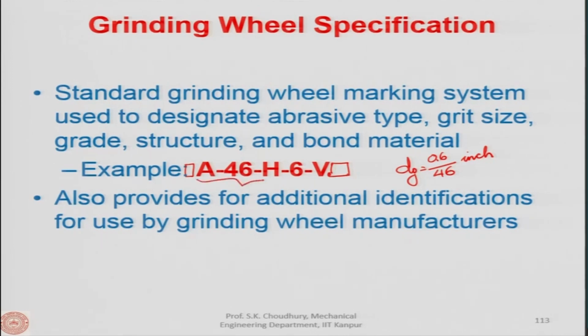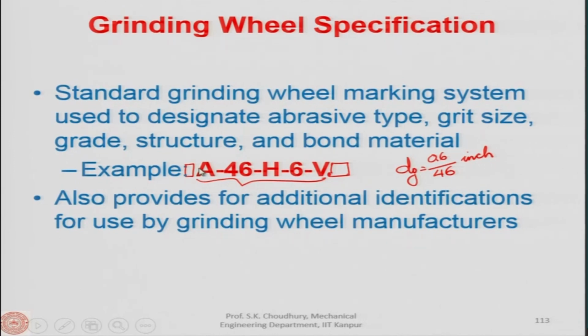The manufacturer may have their own code, but these are the 5 parameters by which the performance of a grinding wheel is defined. Here it is written that the standard grinding wheel marking system is used to designate the abrasive type, grit size, grade, structure and bond material, and it also provides for additional identification by manufacturers in the beginning and or at the end. So, this is the complete signature of a grinding wheel.